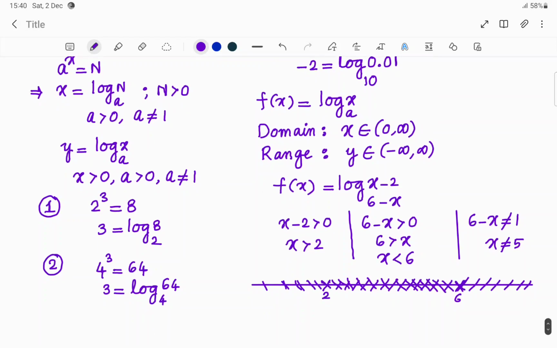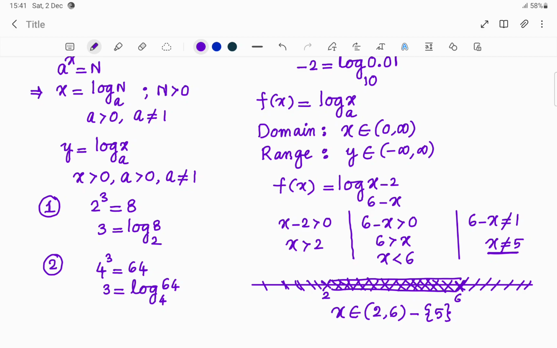Now, what is the combined region? Combined region is between 2 and 6. I can write x belongs to 2 to 6 and 5 is excluded. So I will write minus 5. This is how you find the domain of a logarithmic function. We will see this type of questions when we solve the problems.